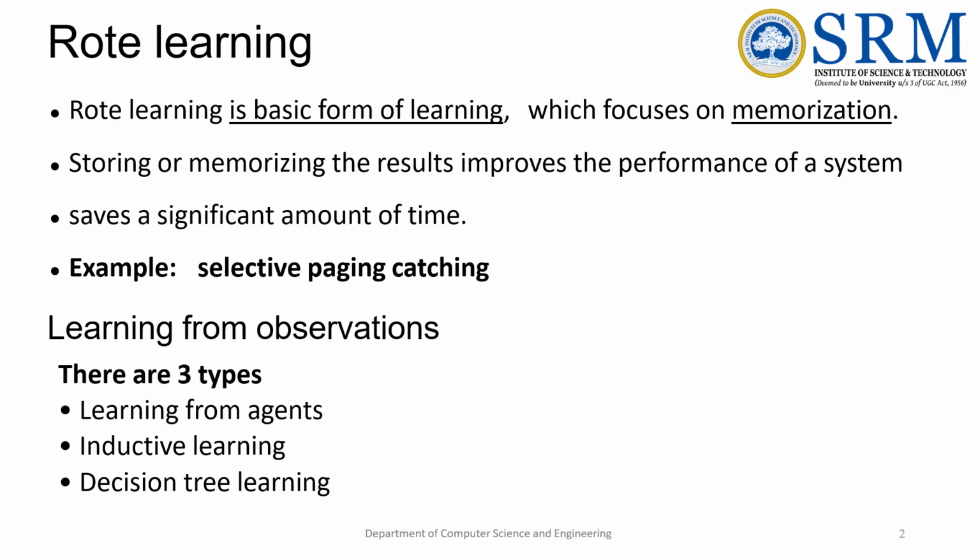So how does rote learning work? Rote learning receives the information or experience and stores it in the memory. Whenever a similar problem occurs, it searches the memory, retrieves the stored solution, and applies the solution directly.